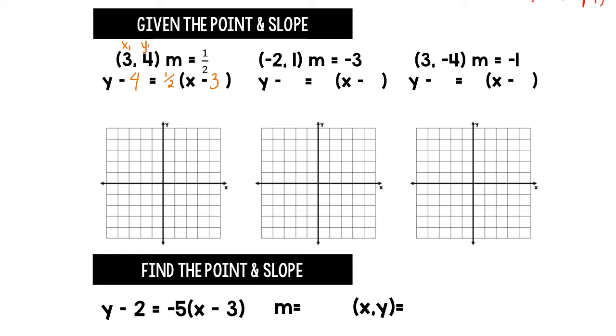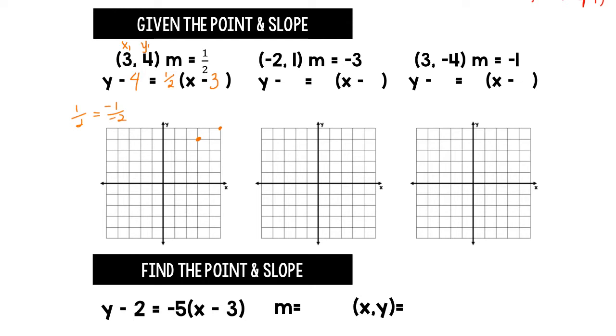We know the point is at 3, 4, so we go 3 right, 4 up, and put a point there. Now from here, the slope is 1/2. So we'll go up 1, right 2, and put a point there as well. Now, 1/2 is the same as -1 over -2.